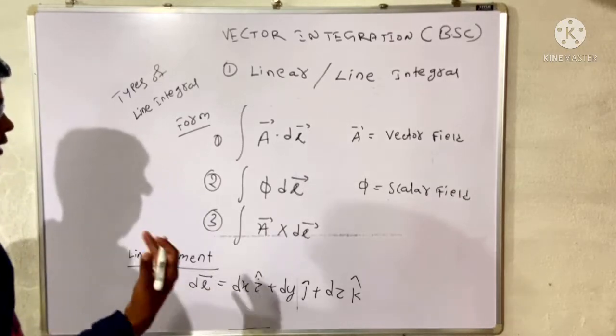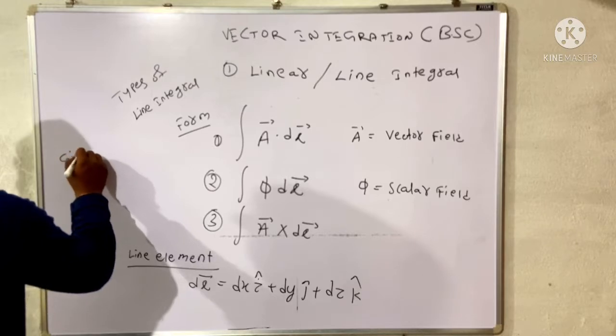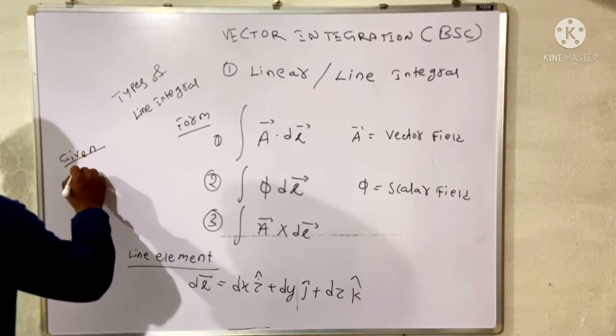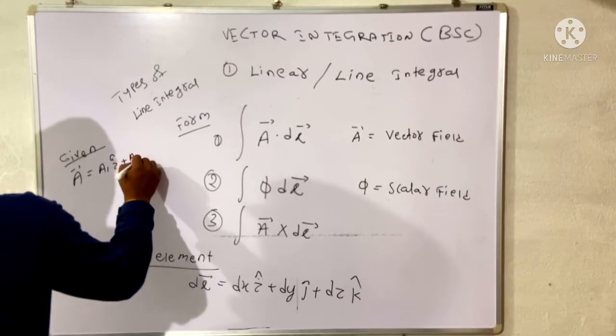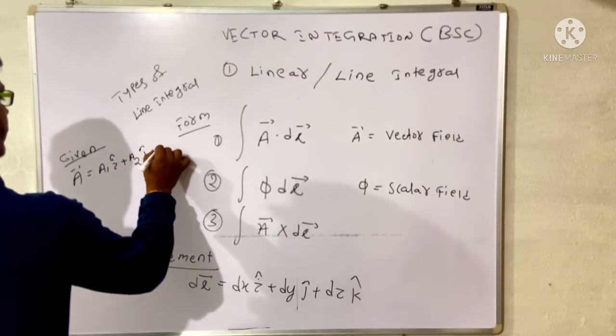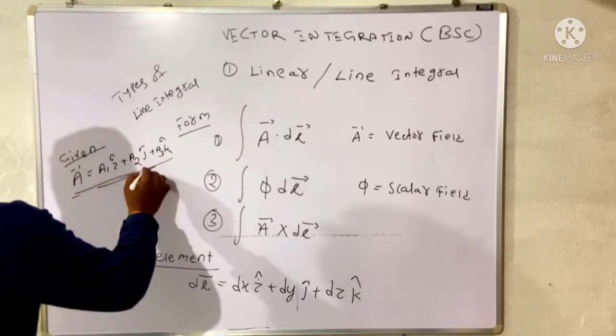Suppose another vector, the a vector, is given to you: a vector equal to a1 i cap plus a2 j cap plus a3 k cap.